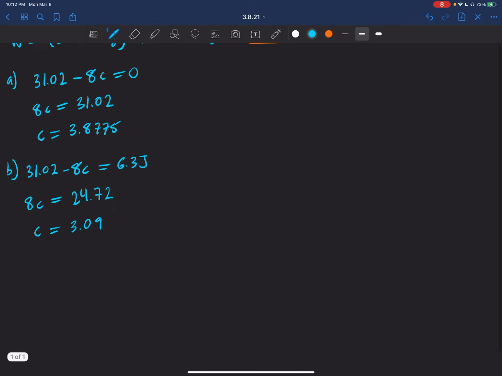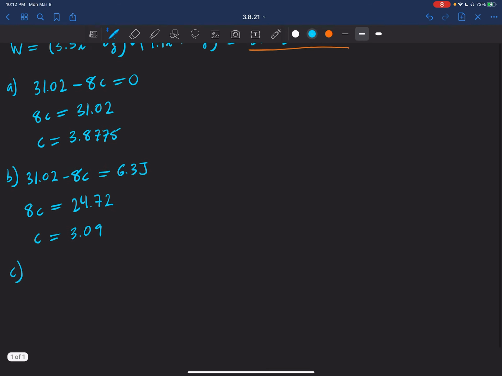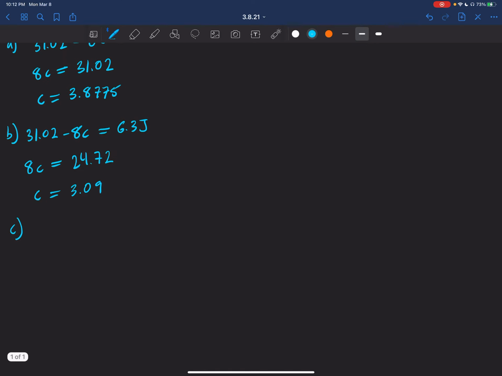And then for part C, it wants us to solve for the work being minus 4.8 joules. So once again, we'll just write down the expression, 31.02 minus 8C equals minus 4.8 joules.